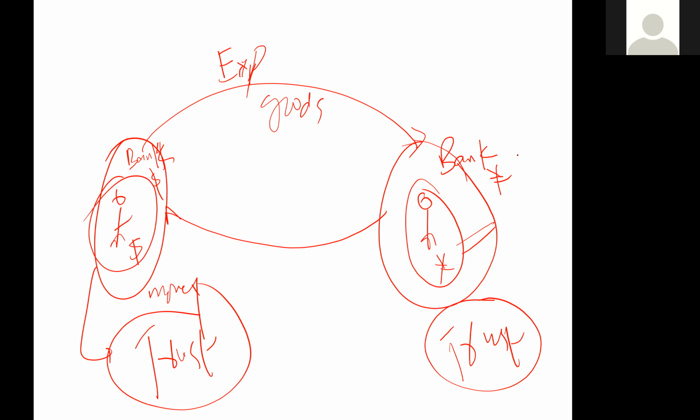So he deposits the money in a Chinese bank, and the Chinese bank issues a letter of credit to the US bank as a guarantee that if the Chinese person receives the goods, then the Chinese bank will transfer the money to the seller's account.